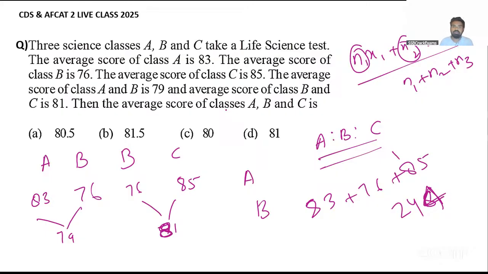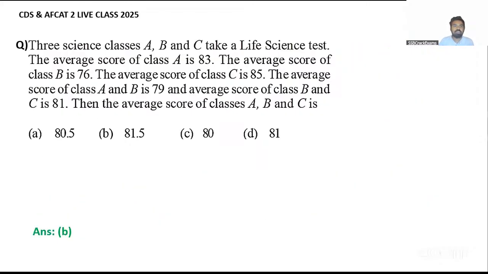The average score of A, B, and C. We can go with another concept. Let me try if it is possible. Suppose the number of students in class A is N1, in class B N2, and in class C N3. Then the sums of scores are 83 N1, 76 N2, and 85 N3.